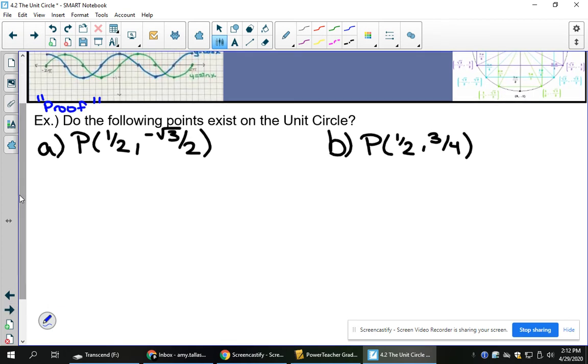Now, we want to say, do these exist on the unit circle? Well, the unit circle is this equation. So if I sub this point in and it gives me something that's a mathematical lie, then it doesn't exist on the unit circle. If I sub it in and everything works out peachy keen, then it does exist on the unit circle.